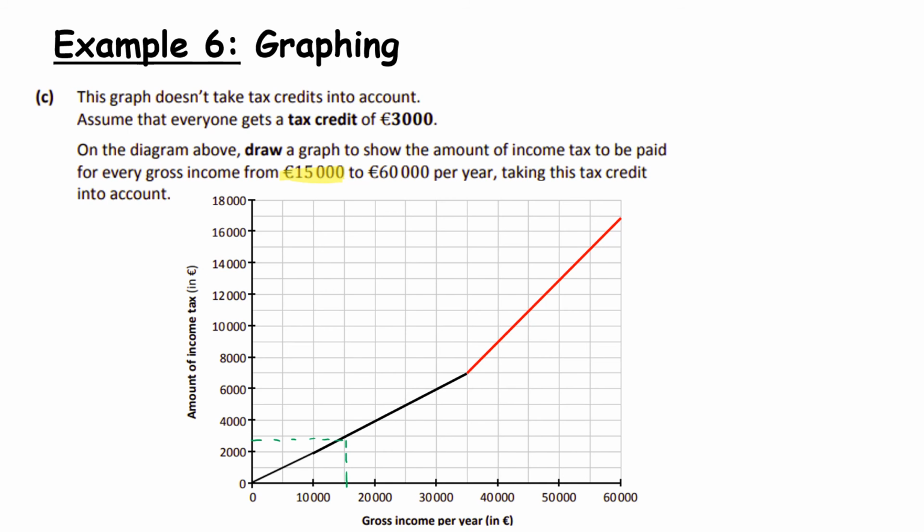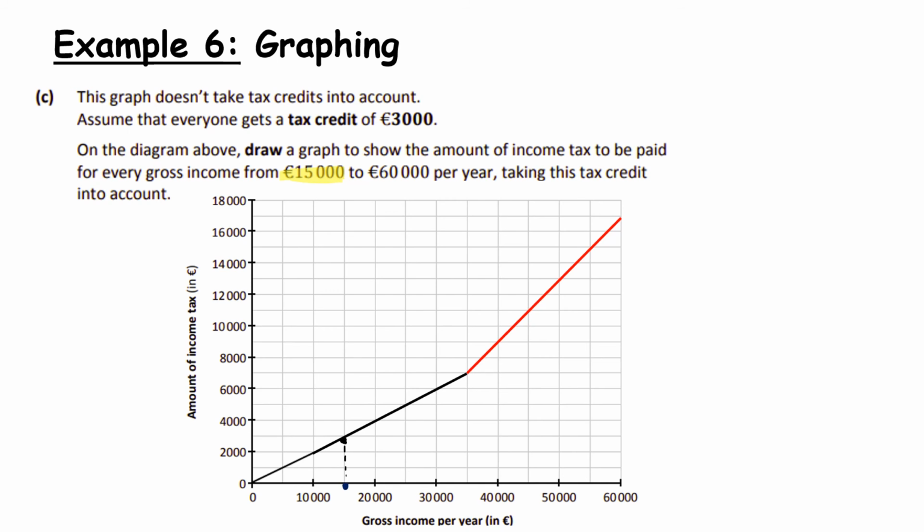So I'll just get rid of this line here. If somebody should pay 3,000, because of the tax credits, now they have no tax.